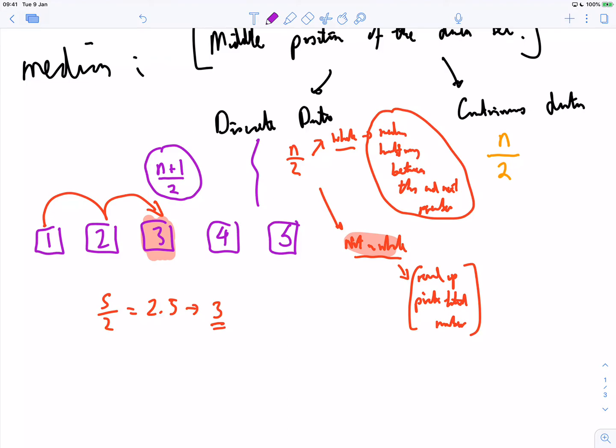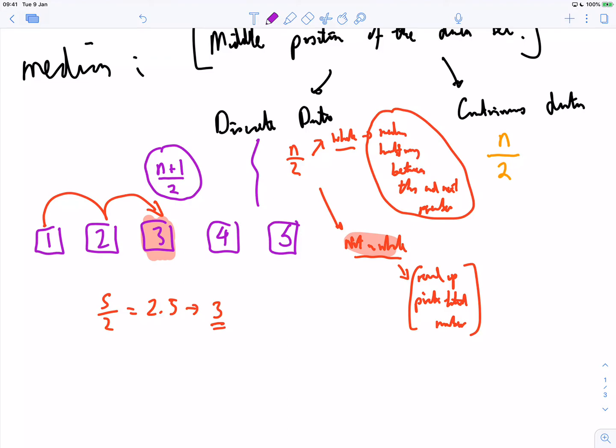If I take 5 plus 1 and divide by 2, that's the third position. Done. If I have 3 objects, I want the middle, so that's the second one. 3 plus 1 all over 2 is 2. Done. If I've got 99 objects, then the middle position is clearly 50, because then there's 49 objects both sides. So 99 plus 1 over 2 is 50. It just seems to work out.